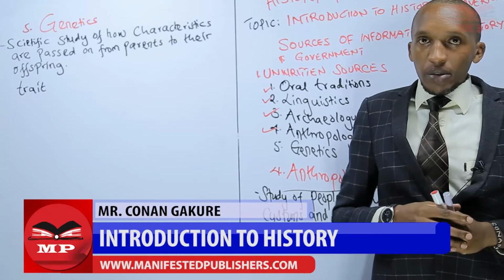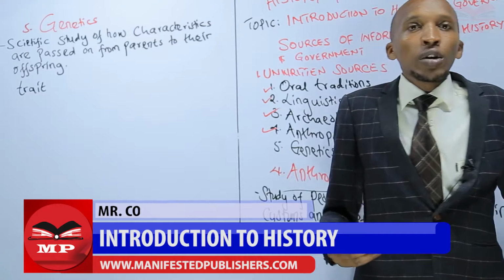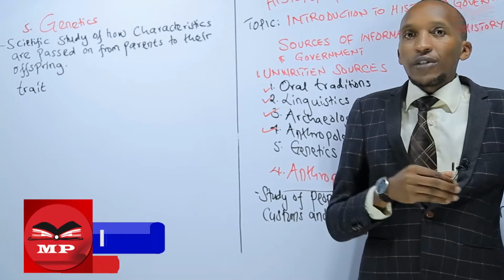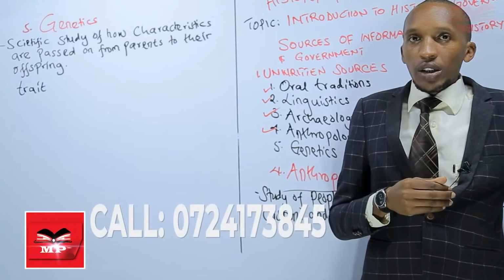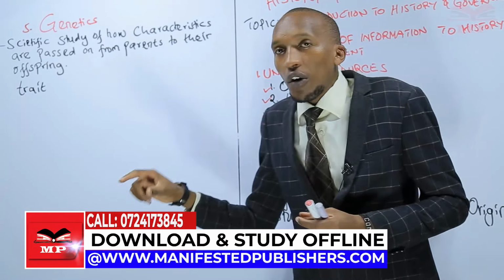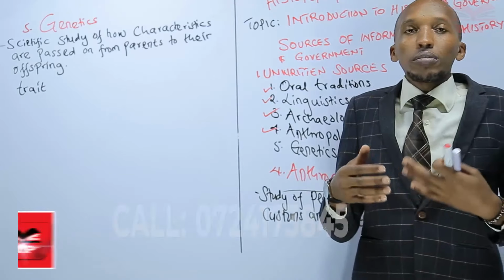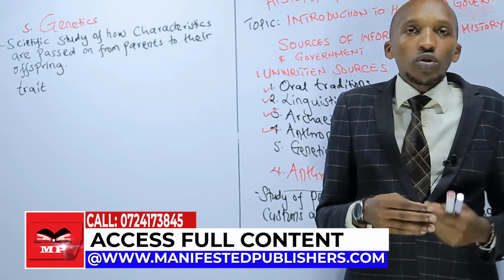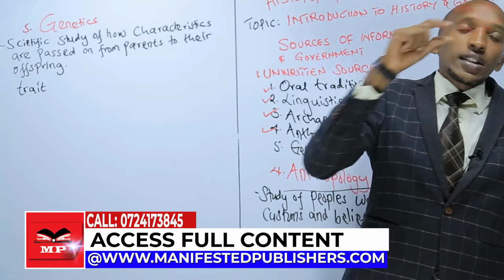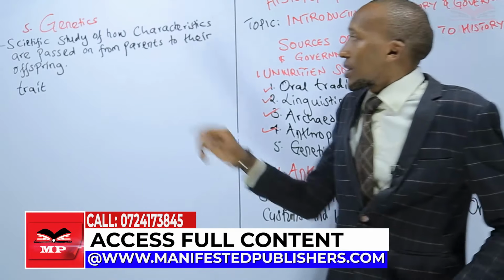How did that happen? That is studied through genetics. How come we have dark people living in America? You have to track the movement of those people, and how the parents have interacted, to reach the conclusion that you will find dark people living in the Americas. So that is genetics.